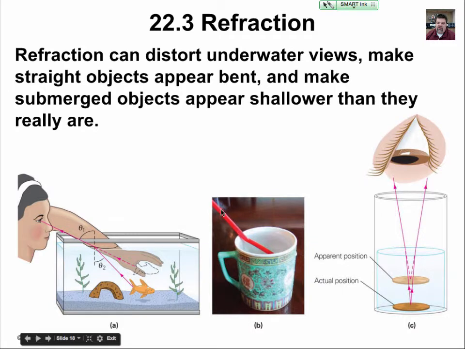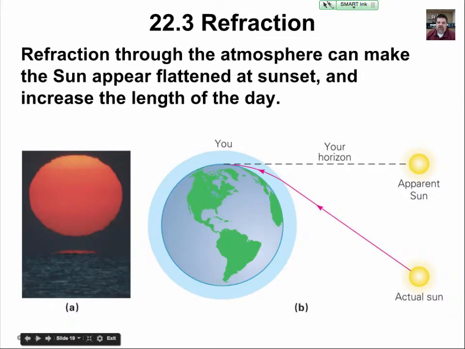Here's a picture of a straw. Depending on the angle that you look at, it looks like the straw bends in the water, but really the refraction based on Snell's law gives that appearance. Same with when you reach into a fish tank. I don't know why you would grab a fish, but if you were to reach into water to grab something, it takes a second to try to figure out what you're grabbing and how.